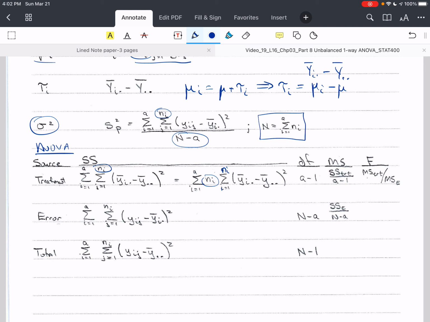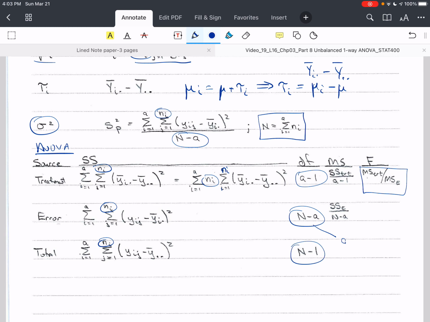Okay, then the error. So again, the same formula, except we're switching out the n with the n sub i, and then everything else is the same. We end up with the F statistic is still MS treatment divided by MS error, and we have the same degrees of freedom. It's just that we calculate them a little differently.